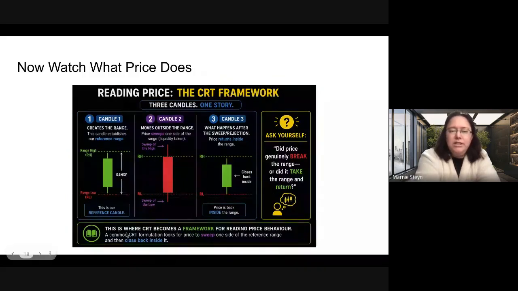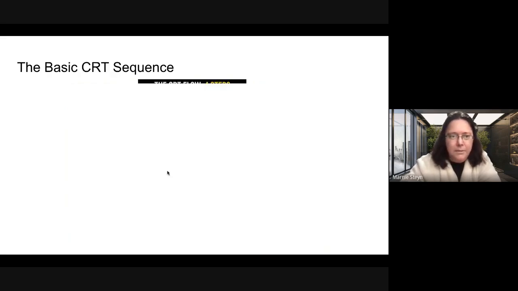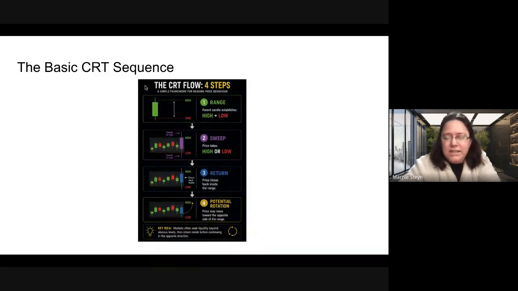This is where CRT becomes a framework for reading price behavior. A common CRT formula looks for the price to sweep one side. Same thing we're watching. This is exactly the way the Silver Bullet works. We're looking for a sweep on one side of the reference range and then a close back inside of it. So what does the basic CRT sequence look like? There are four steps. You mark the high and the low.